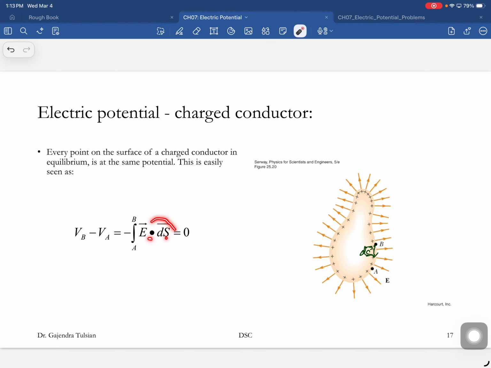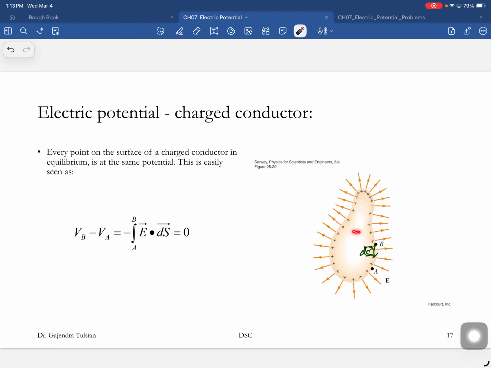E dot ds is 0. So if you take the line integral along that path, that will be 0. So the potential at point B is equal to the potential at point A. So a conducting surface is an equipotential surface. So if I go to a store and buy charges and throw some charges on this faucet, all the charges would reside on the surface, and that is an equipotential surface.